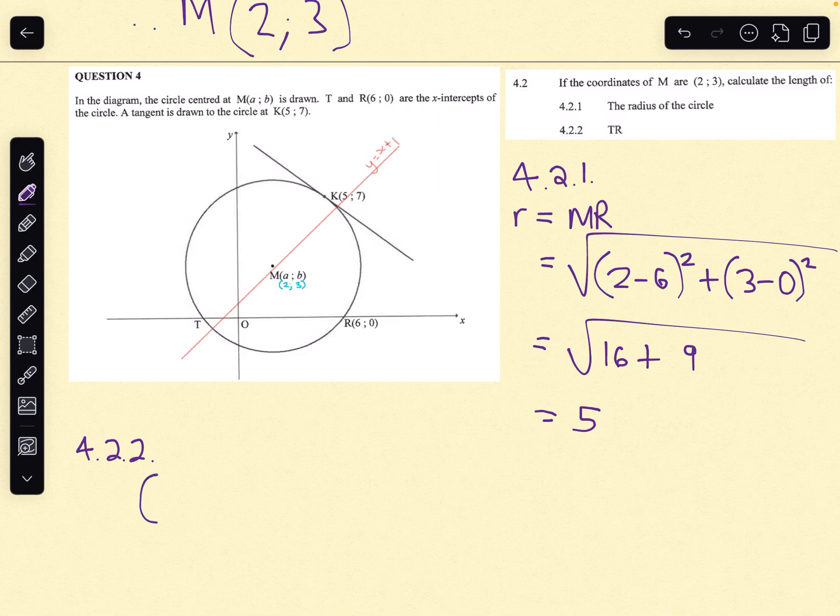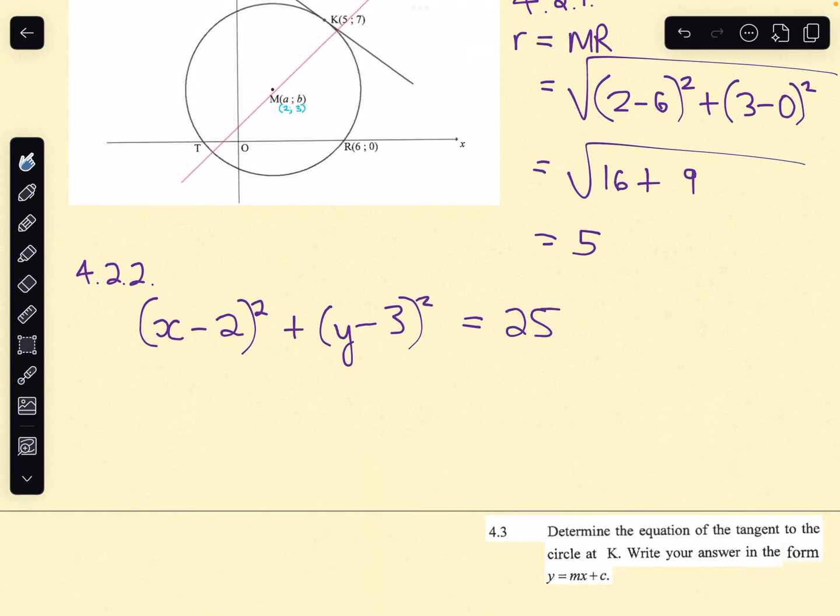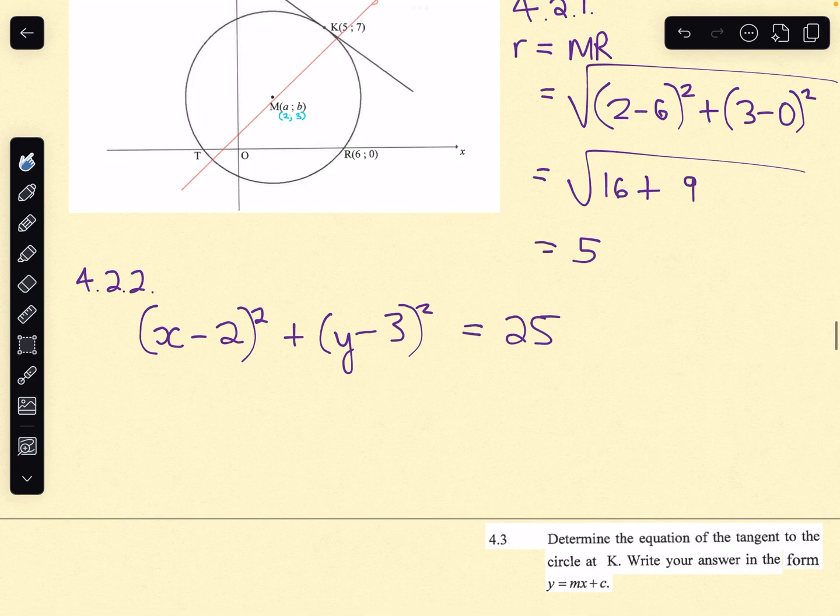And we know that the equation of the circle is given by x minus the x-coordinate of the center, which we now know is 2, and y minus the y-coordinate of the center, which is 3, and the radius of the circle, which they have helped us to work out, is 5, and we square that, so we get 25. So to find the x-intercepts, we're going to figure out what is the value of x when y is equal to 0?